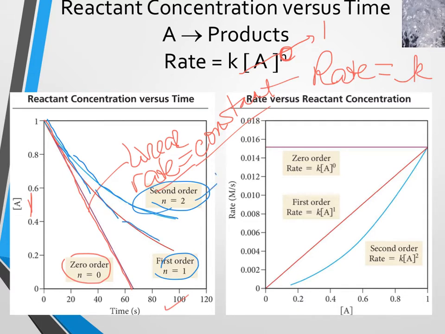So for a second order, the rate itself changes much more rapidly. And that's because it's more highly dependent on the concentration of the reactant than is a first order.